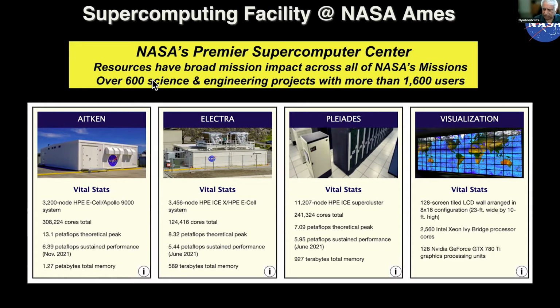On the right-hand side, I show you a visualization system called the Hyperwall, a 128-screen, 250 million pixel display that is used for visualizing all kinds of things. I can talk about that a little bit more if anybody is interested.